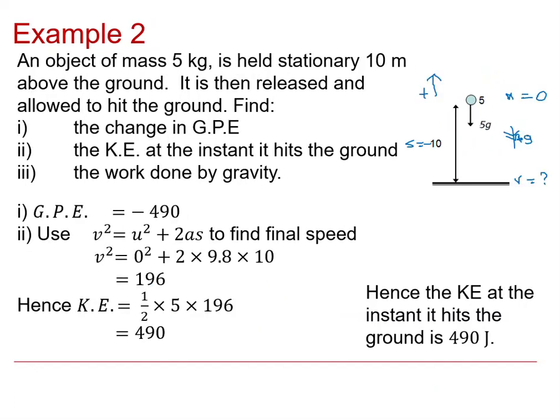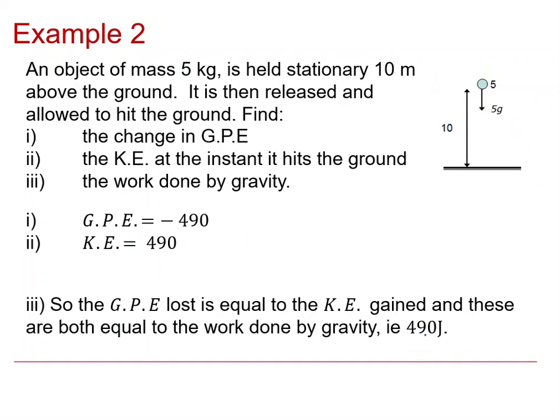So the work done by gravity is 490 joules too. Now this calculation anticipates the conservation of energy, because in a situation like this where there's only gravity acting, the potential energy is converted into kinetic energy. The one flows into the other, and the total of the two, as we shall see, will in general be constant.